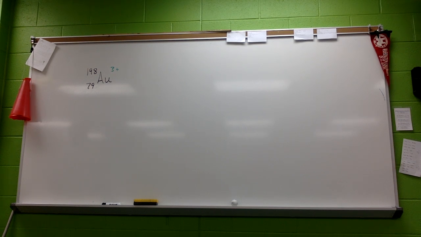No. Oh, wait, no, 76. 76. It has a 3 positive charge, meaning that it has 3 more positive charges than it has negative charges. Therefore, what process did it undergo? Oxidation, because it lost electrons. You guys with me?